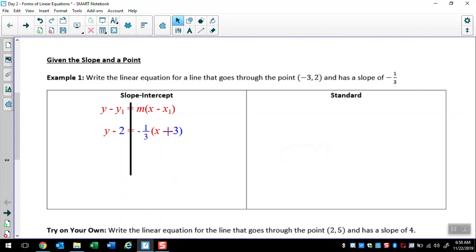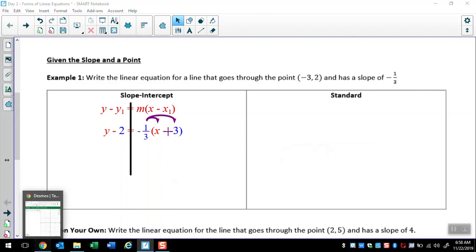That means I need to solve for the y. So first thing I do is I see I have these parentheses, I'm going to distribute. I'm going to give my -1/3 to the x, and then I'm going to give my -1/3 to the 3. So when I do that, -1/3 times x is -1/3 x. -1/3 times 3.